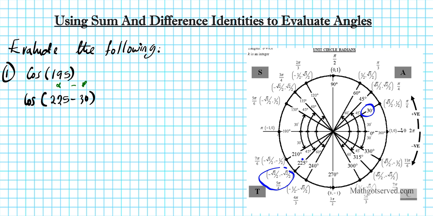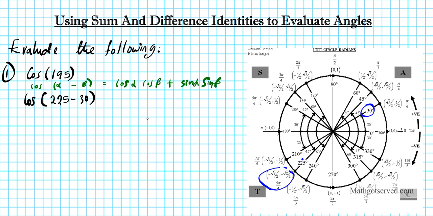We're going to be using the formula cosine alpha minus beta. The difference identity is cosine alpha cosine beta. The trig functions are the same, but the sign is opposite, plus sine alpha sine beta.